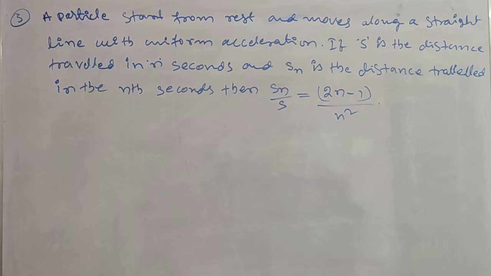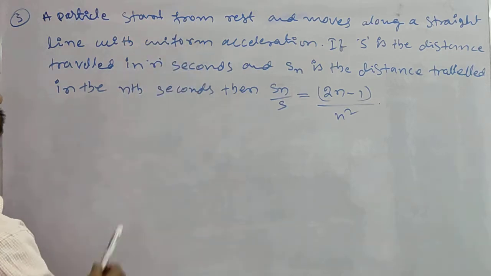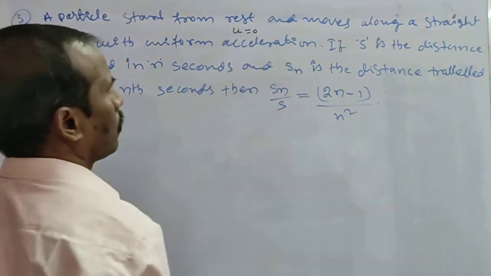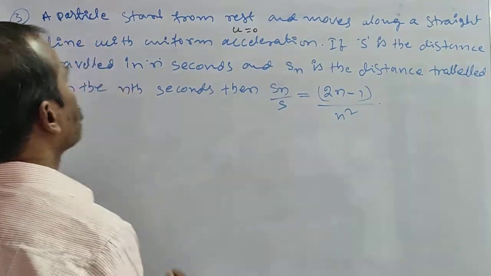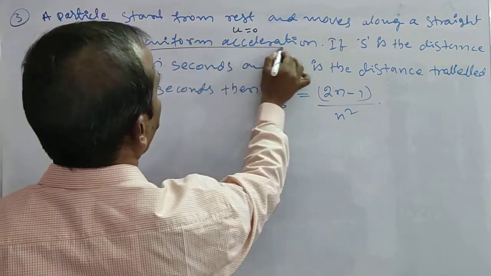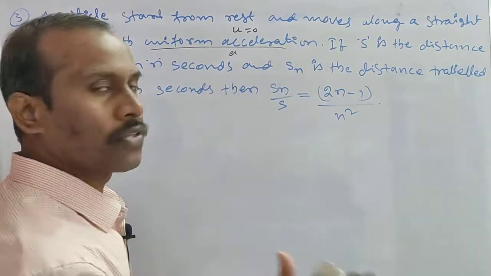See here, next one, a concept oriented equation for the formula. Now a particle starts from rest. That means here u is equal to 0, and it moves along a straight line with uniform acceleration a, that is, constant acceleration.